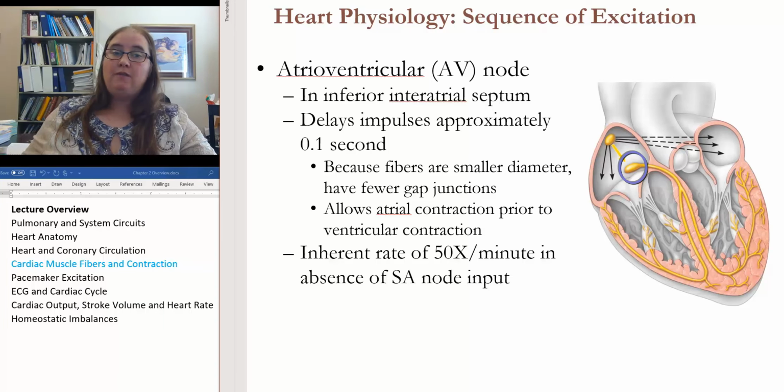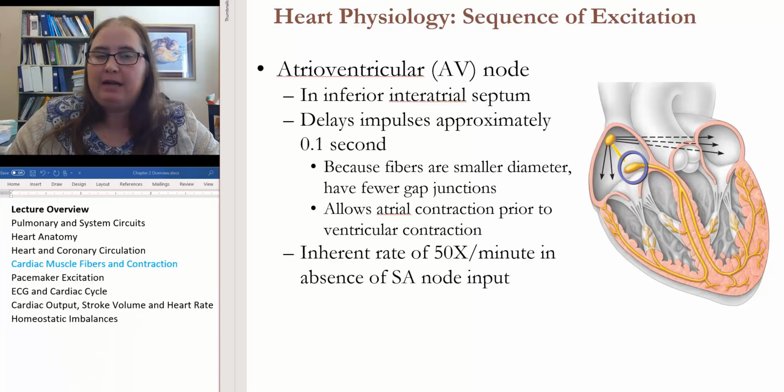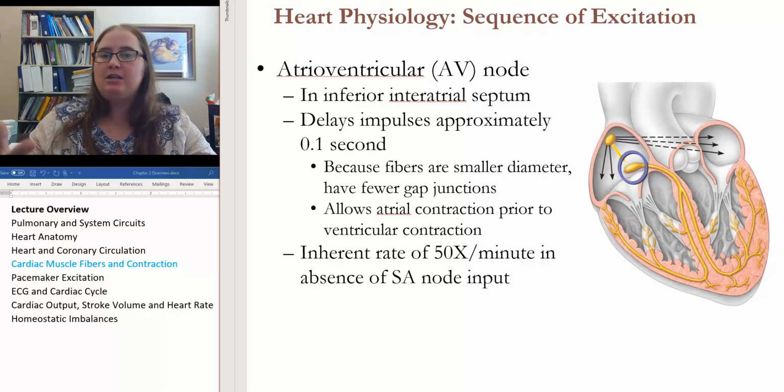Now, if you lose your sinoatrial node up here, okay, if that stops working, your atrioventricular node can take over. However, it depolarizes at an inherently lower rate. So it actually only depolarizes about 50 times per minute in the absence of the sinoatrial node. Now, you'll never see that if this SA node is working properly.